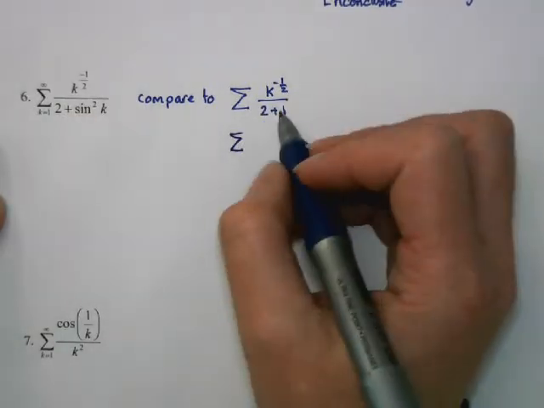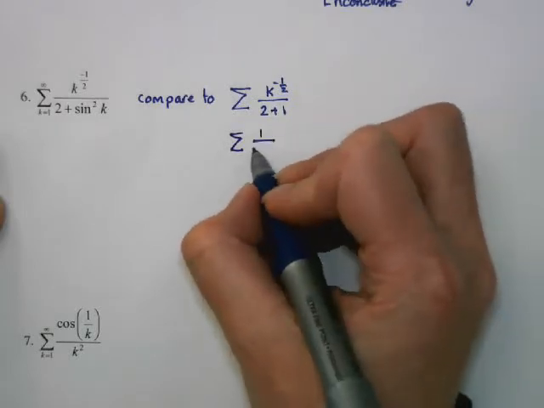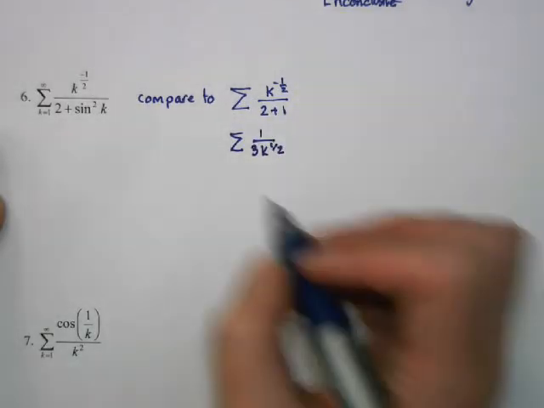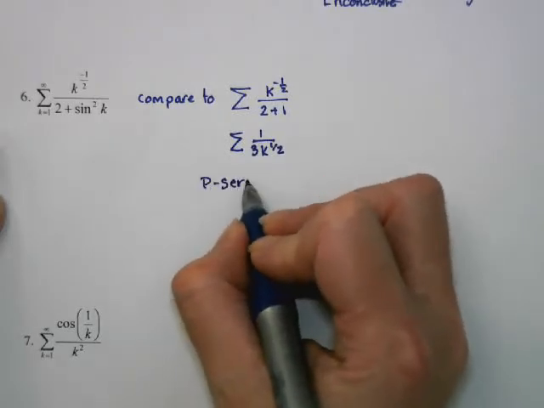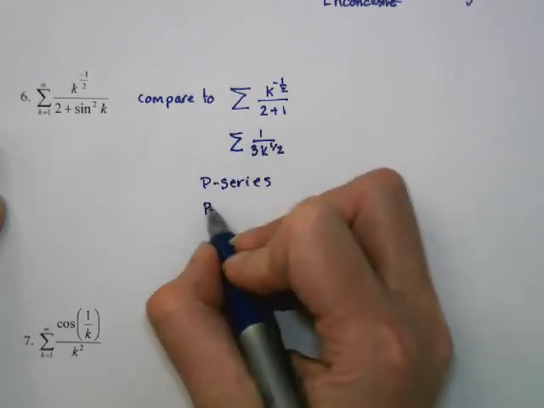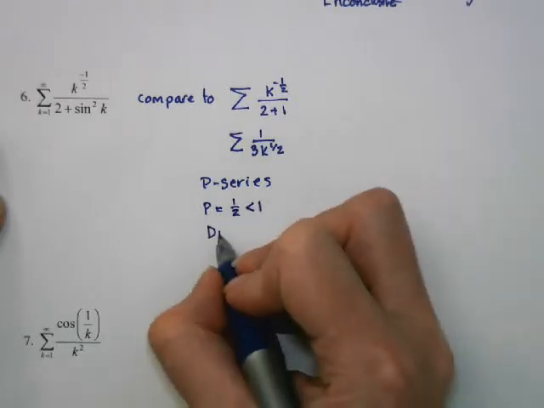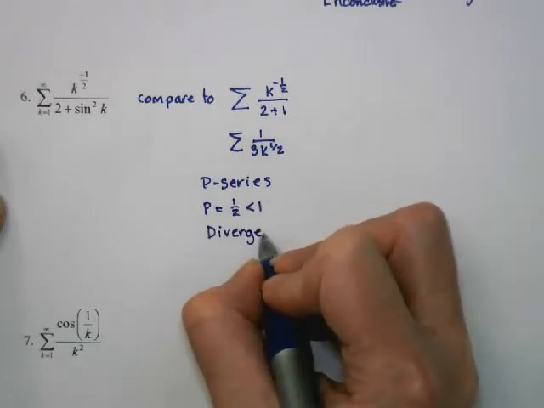Why did we pick this series? Well, this is now going to be 1 over 3 k to the 1/2, which is a p-series. P is equal to 1/2, which is less than 1, which means this diverges.